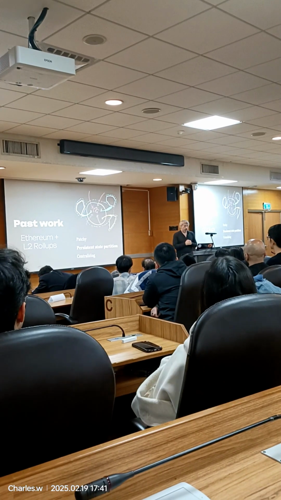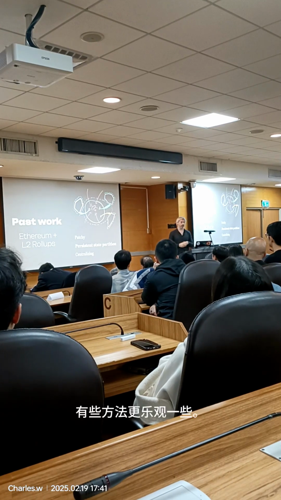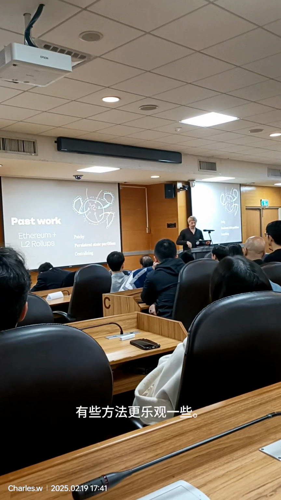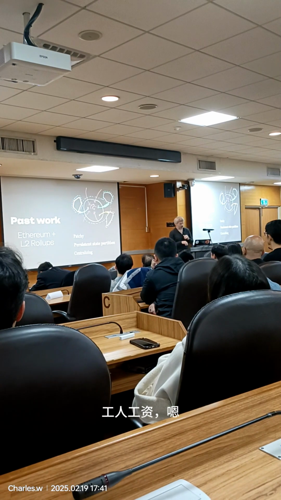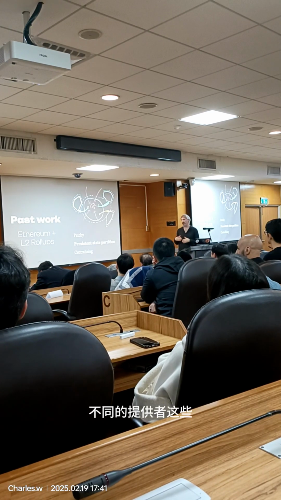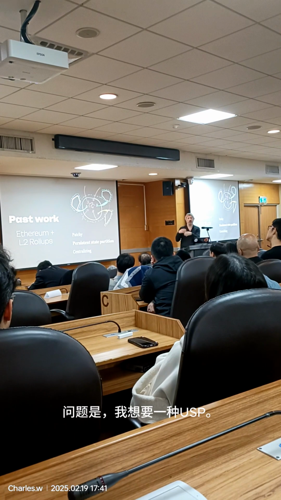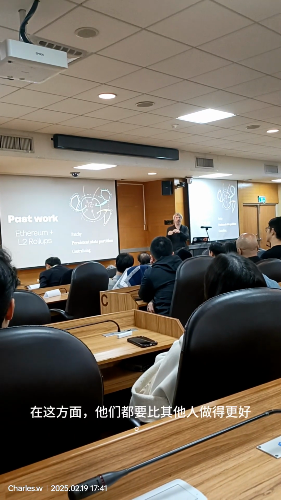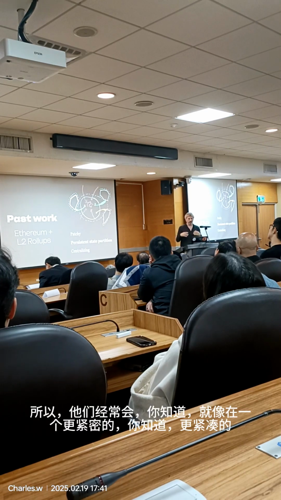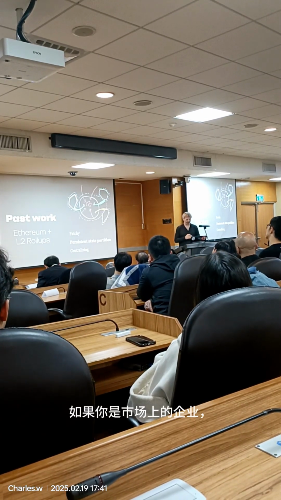Problem is that different approaches tend to have different trade-offs. Some approaches are what we call optimistic rollups, or ZK rollups, and the different providers of these rollups kind of want some sort of USP. They want something that they do better than the other ones. So they'll often try to differentiate themselves, as you would if you were a business competing in the market.